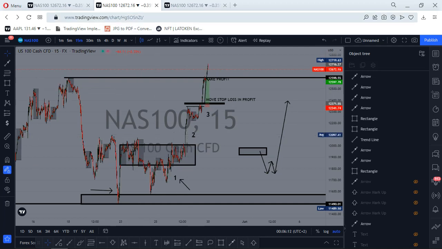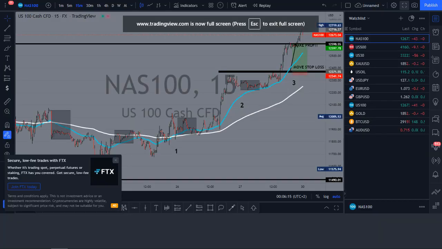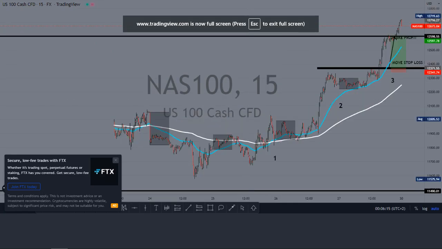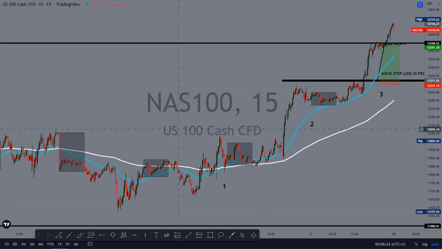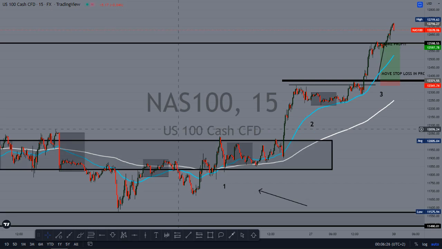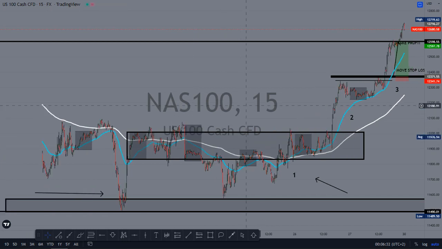So let's go to our EMA. With our EMA, we use the 50 and the 200 to see whether we are in an uptrend or a downtrend, and it also helps us to find peak formations.